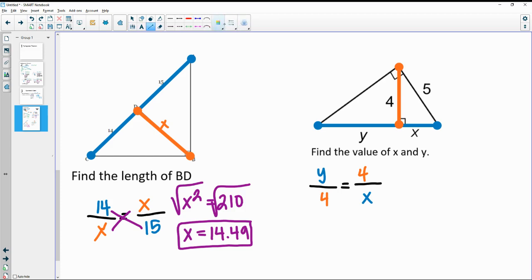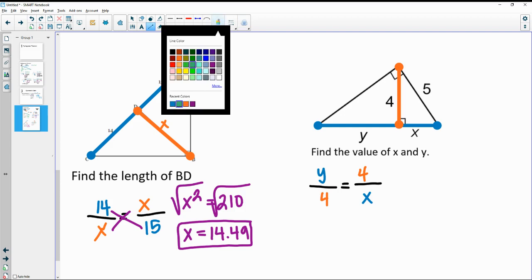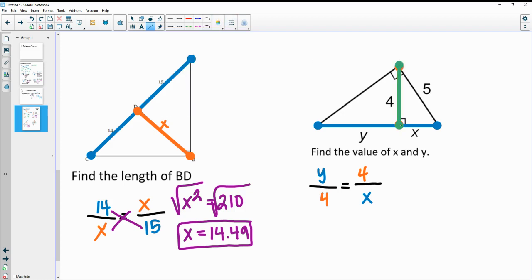So if we look in this problem, we hopefully see that we have a right triangle over here that gives us 2 out of the 3 sides. So we would be able to use the Pythagorean theorem here to solve for x. So Pythagorean theorem, remember, is c squared equals a squared plus b squared. Your c value is across from the 90-degree angle, so in this case 5.